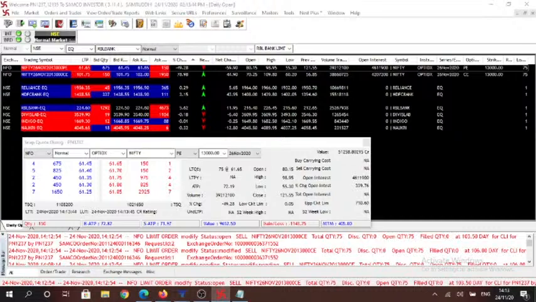Let's see if we break 60. I'm hoping for a break of the low 55.3. So I should square off one position at 55. But since it is having a lot of trouble going down, I may even close partially earlier than that. So let's see.